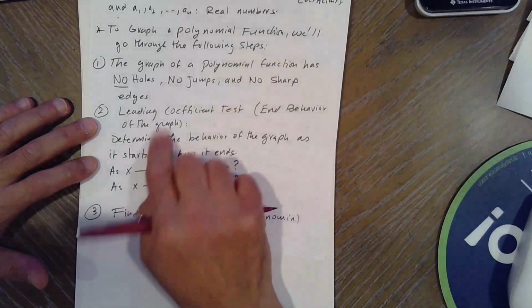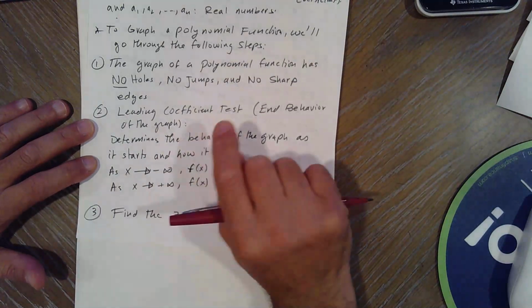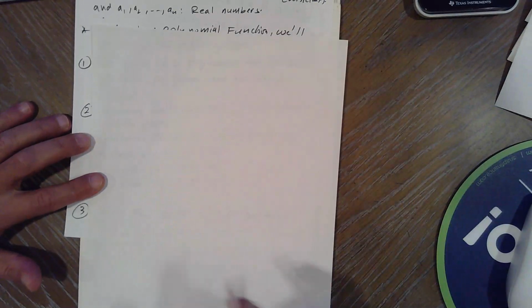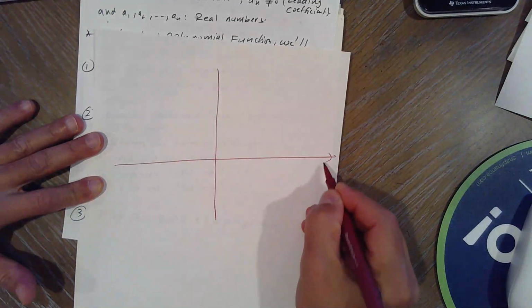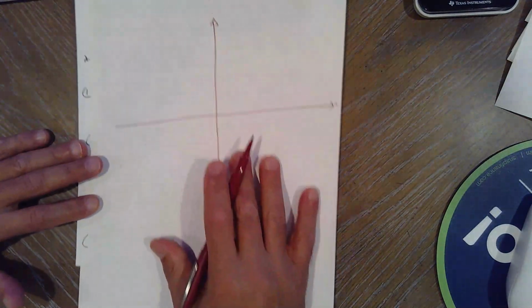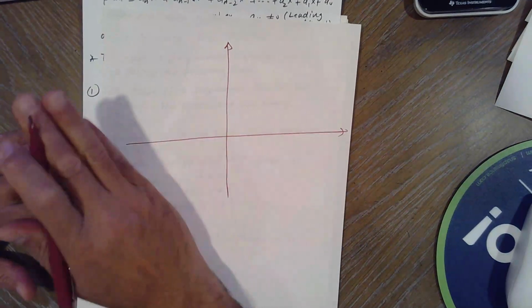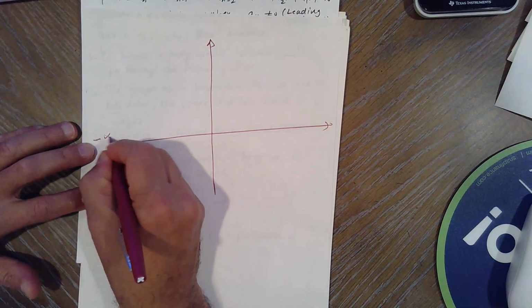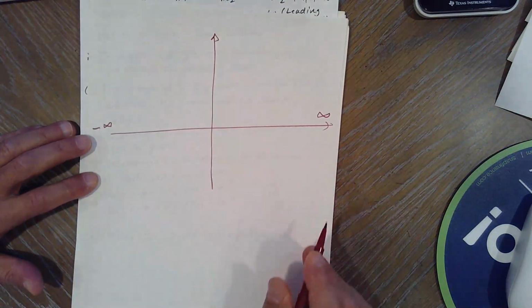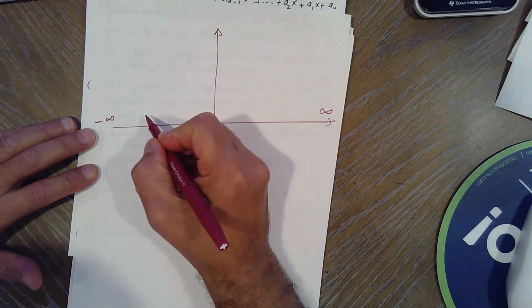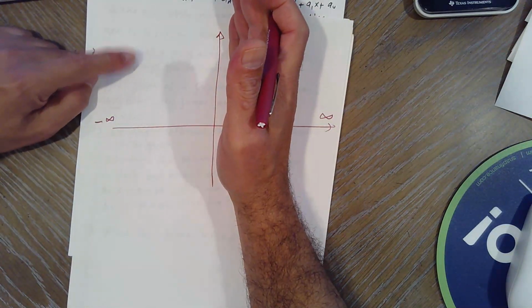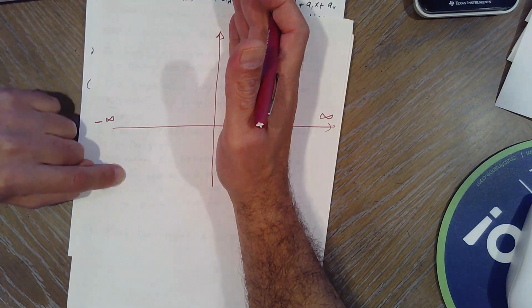Now the second one is a step which we're going to do first: the leading coefficient test, which is called the end behavior of the graph. When we want to graph anything, or write anything in English, we start from left to right. So on the rectangular coordinate system, left is negative infinity, right is positive infinity. If I want to start graphing, I could start either in the second quadrant or the third quadrant.